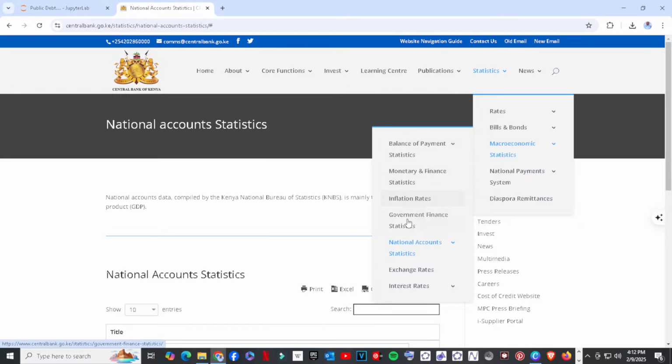So this is annual GDP, not yet what I needed.